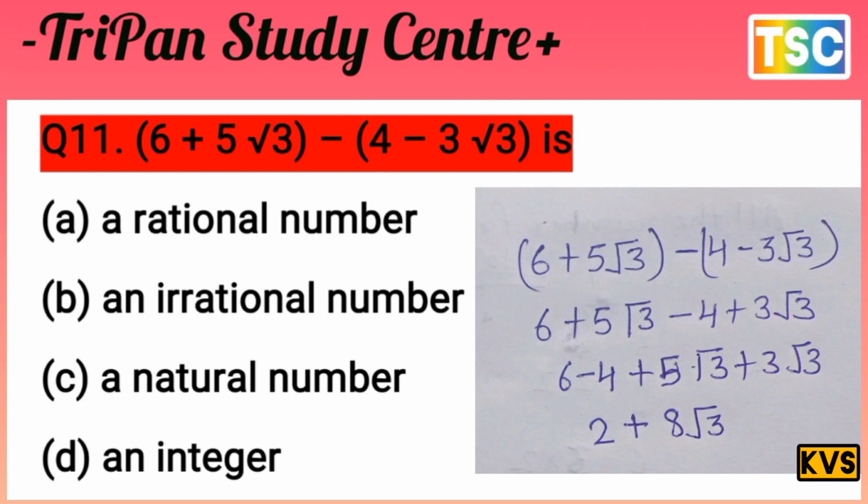The answer is 2 plus 8 root 3, which is an irrational number. So option B, irrational number, is correct.